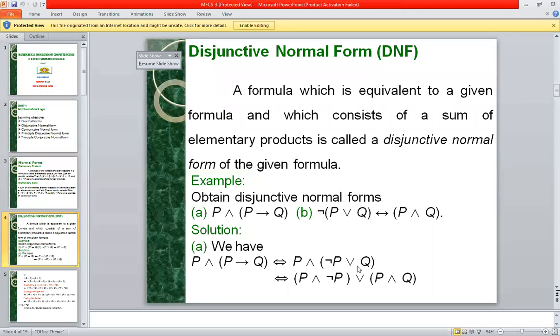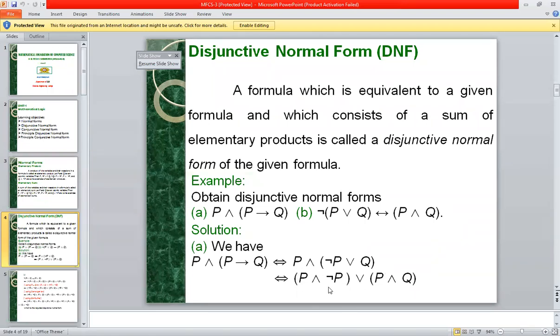P and (Q or R) is equivalent to (P and Q) or (P and R). So here we are applying the distributive law: (P and negation P) or (P and Q). So this is our required DNF, disjunctive normal form. So how can we say here?